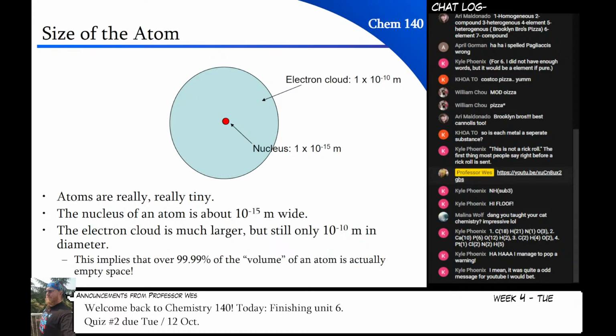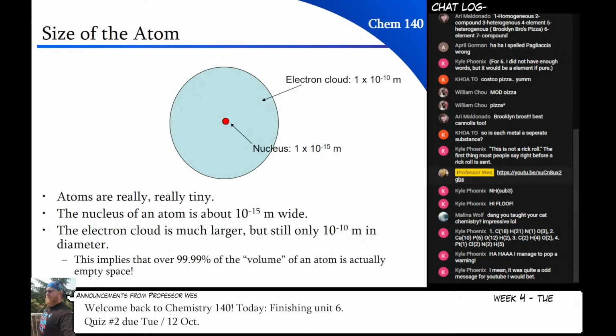So if this is 1 centimeter on my screen, it's more like 2/3 of a centimeter. So we'll round up and say it's 1 centimeter. If it's 1 centimeter on your screen, then that blue cloud should be 1 times 10 to the 5 centimeters away, or roughly 100 meters away.